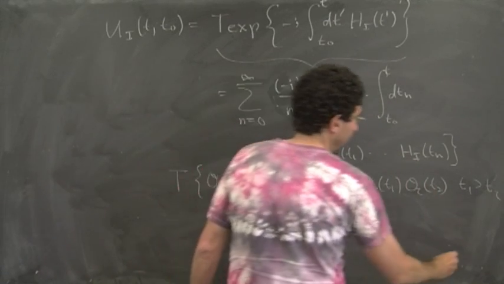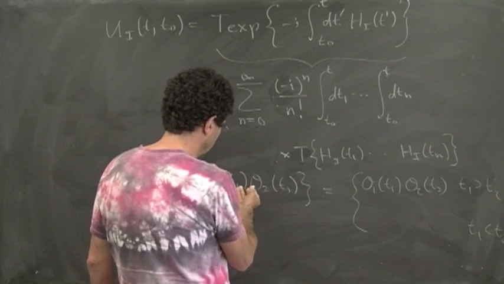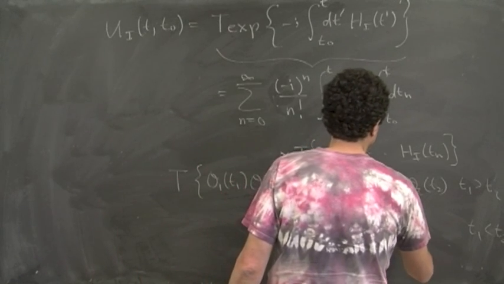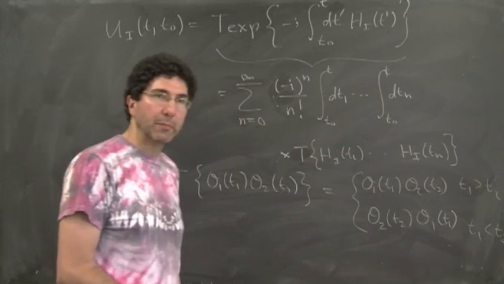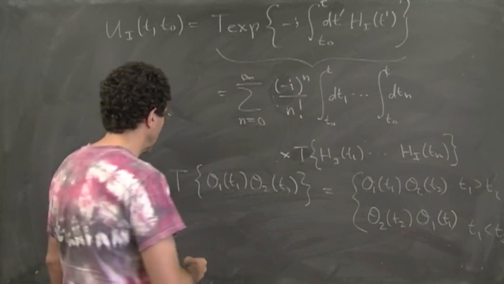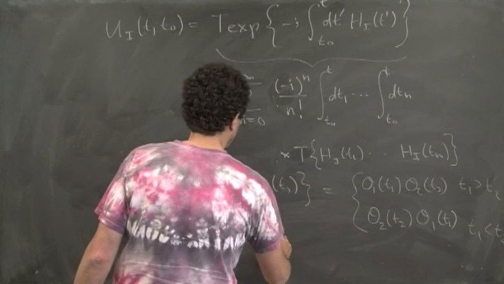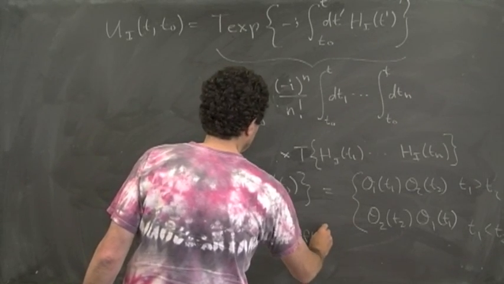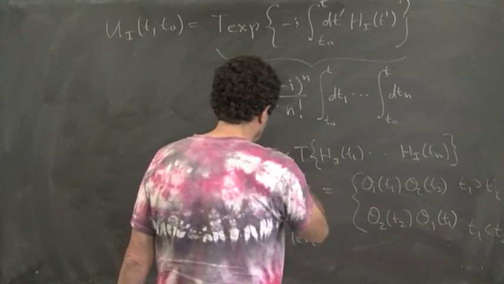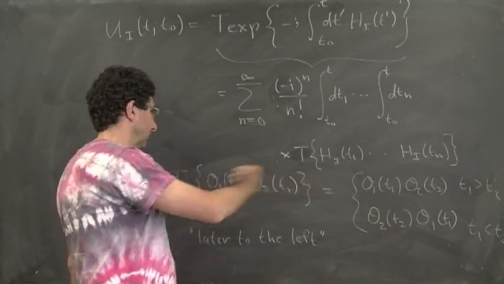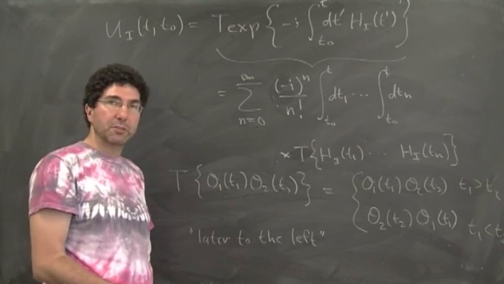If T1 is less than T2, then I reverse the two. It's O2(T2) O1(T1). The way to remember the rule is that it's later to the left. We put the latest operator to the left. Yet another example, as I said, in quantum mechanics, time is always flowing from right to left. And when you have more operators, it's just the same thing.